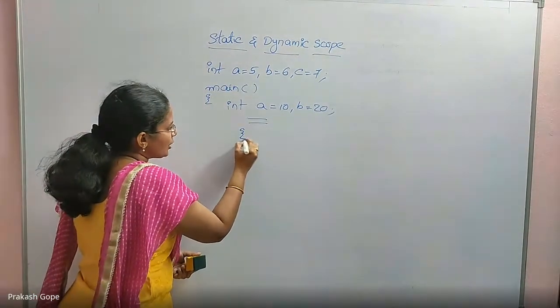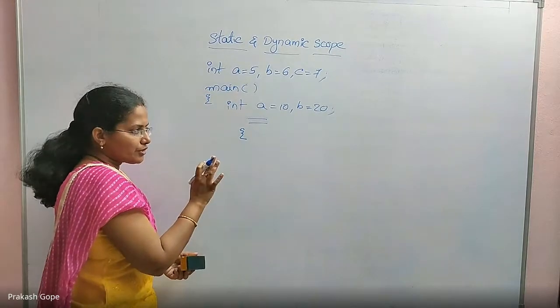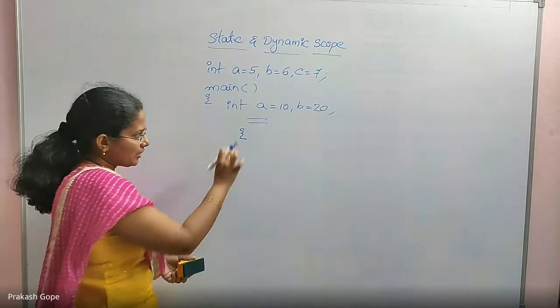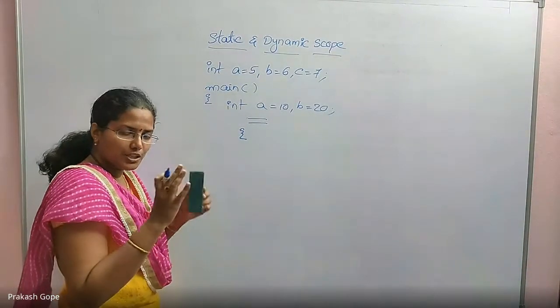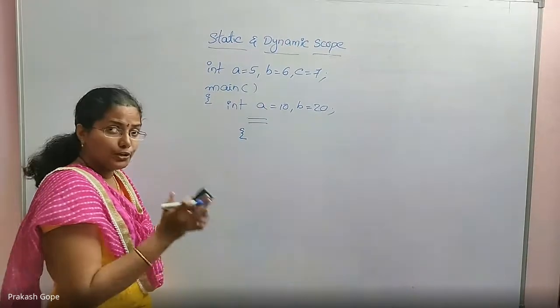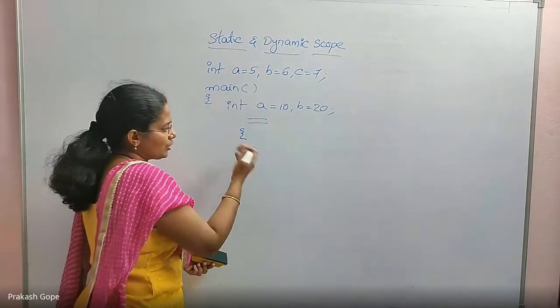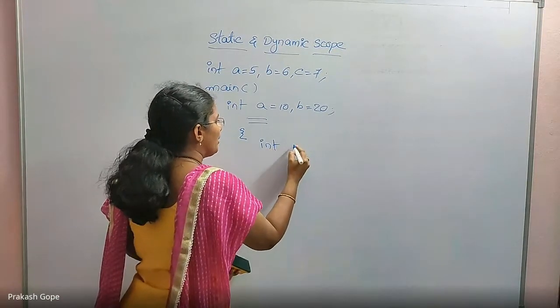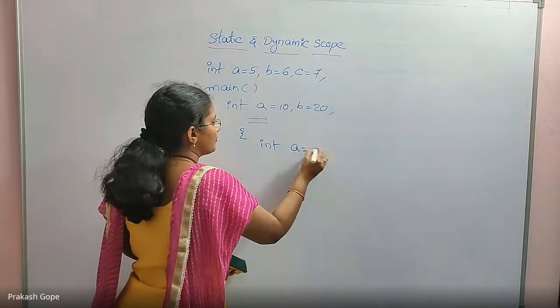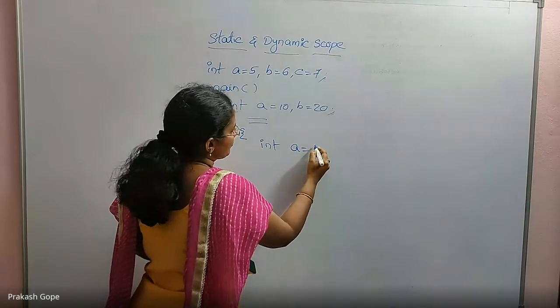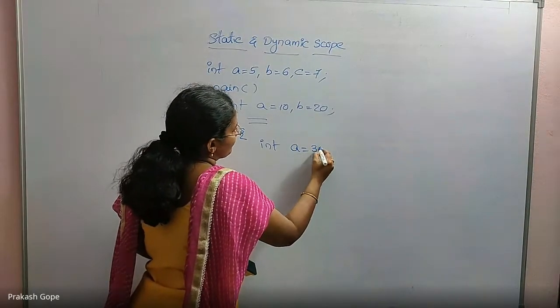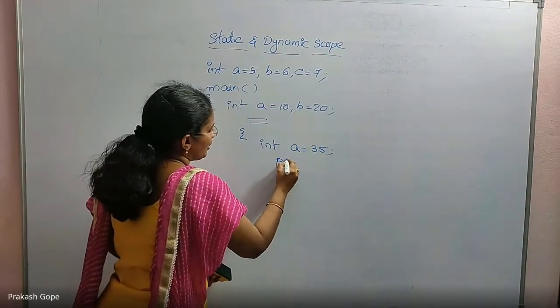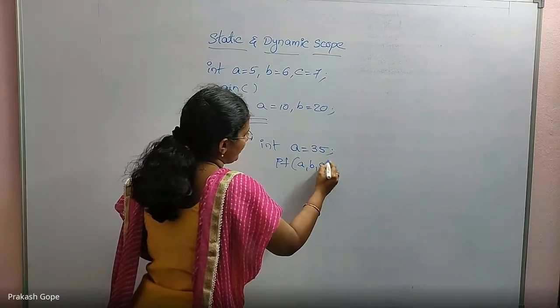After that, I just started a block. It is not an if statement or while statement or for, just a curly bracket, which means a new block has started and a new scope is created. It's possible. But in that block, can I create a variable like int a equal to 35? Then a printf statement printing a, b, c.